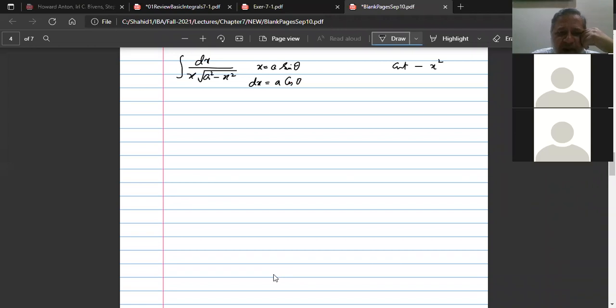Here dx will be a cos theta d theta, and the integral transforms to what? dx becomes a cos theta d theta, divided by x replaced by a sin theta, under the root a square minus a square sin square theta. This a cancels.